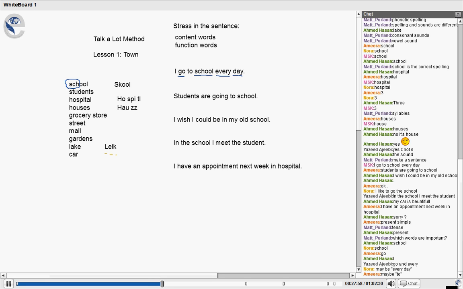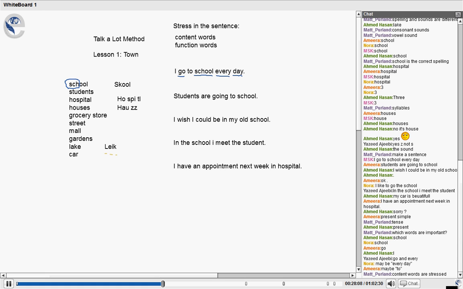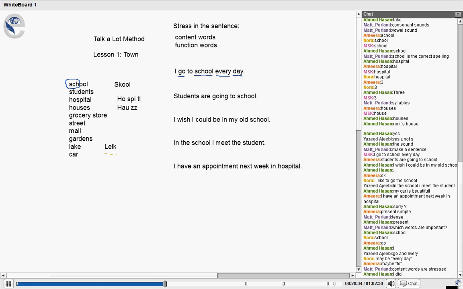And content words are stressed in English. So try saying after me, and stress the content words. Say them more strongly. For example, I go to school every day. Try saying it out loud where you are.